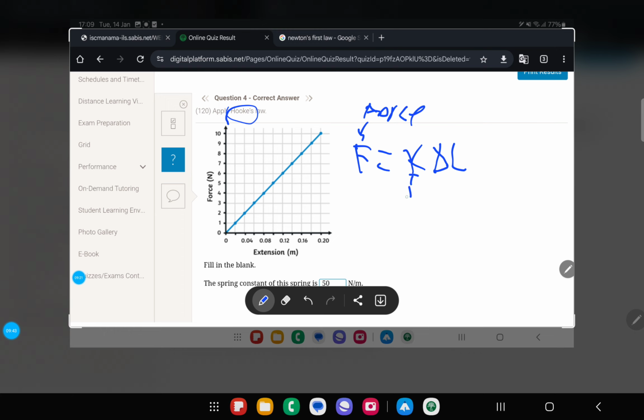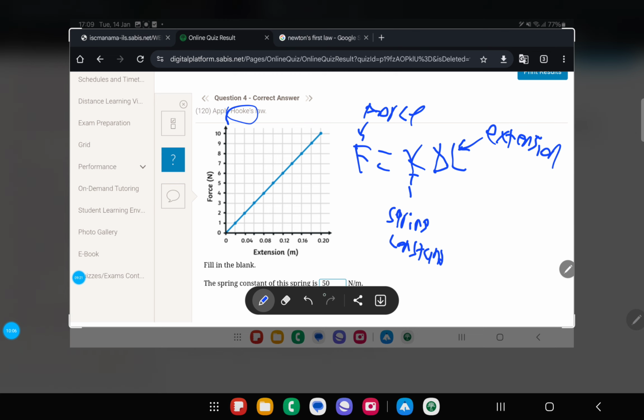K is the spring constant. You only use this when it's related to elastic objects. And delta L is what's called the extension, the distance.